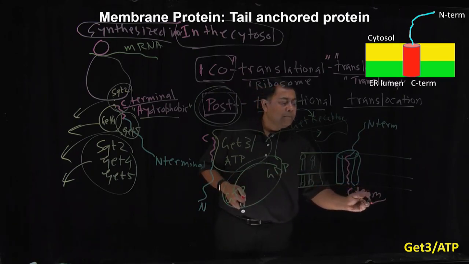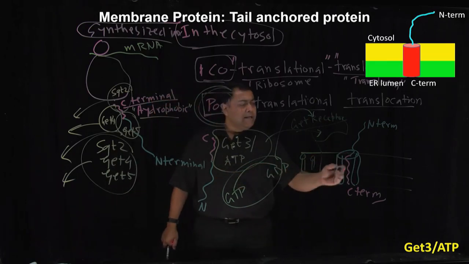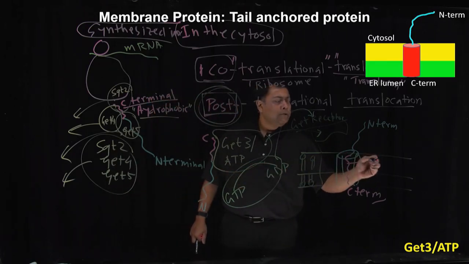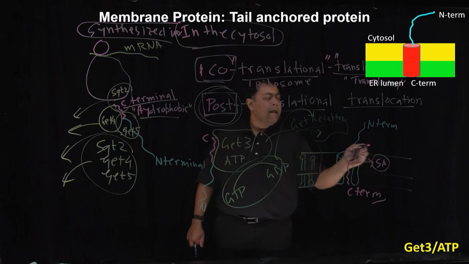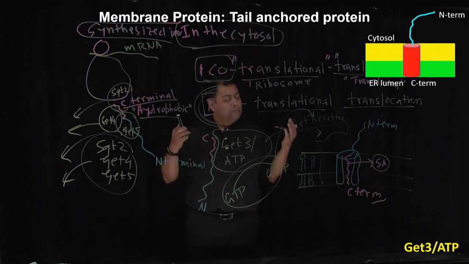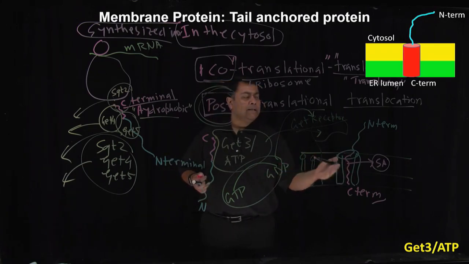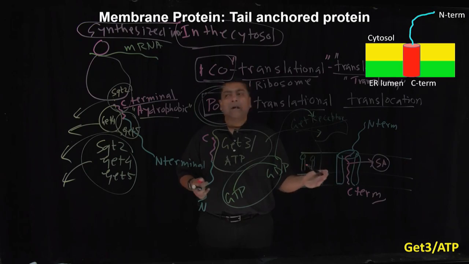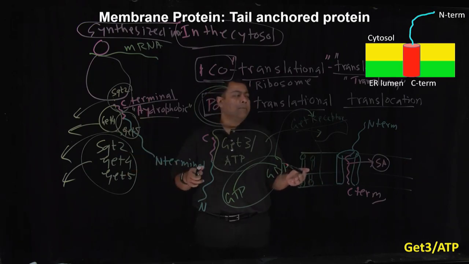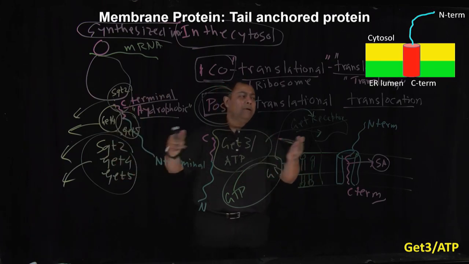So here what happens, we can say that this is basically the signal, which is the SA or the signal anchor sequence. Remember that the signal anchor sequence is the signal which brings a protein to the ER membrane, but here the signal anchor sequence is at the C terminal, and that's why you need to do a separate process, which is basically synthesizing the entire protein in the cytosol and bringing it back.